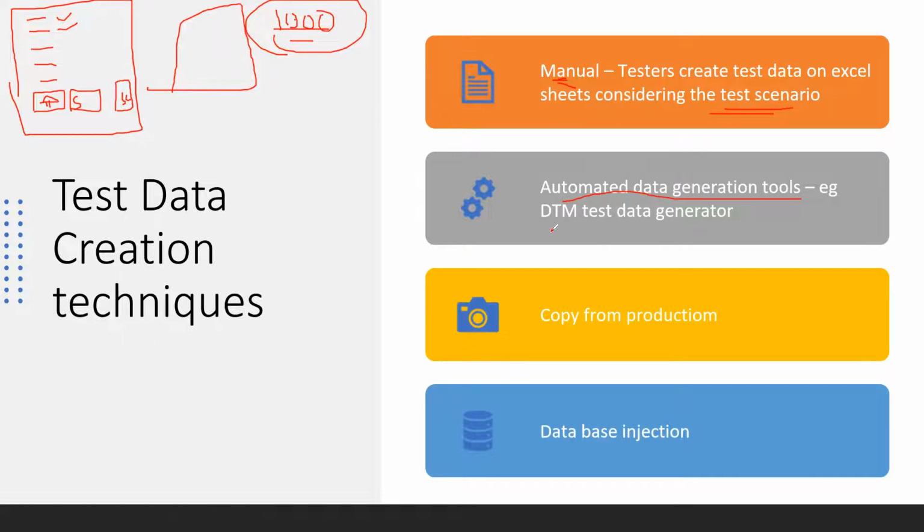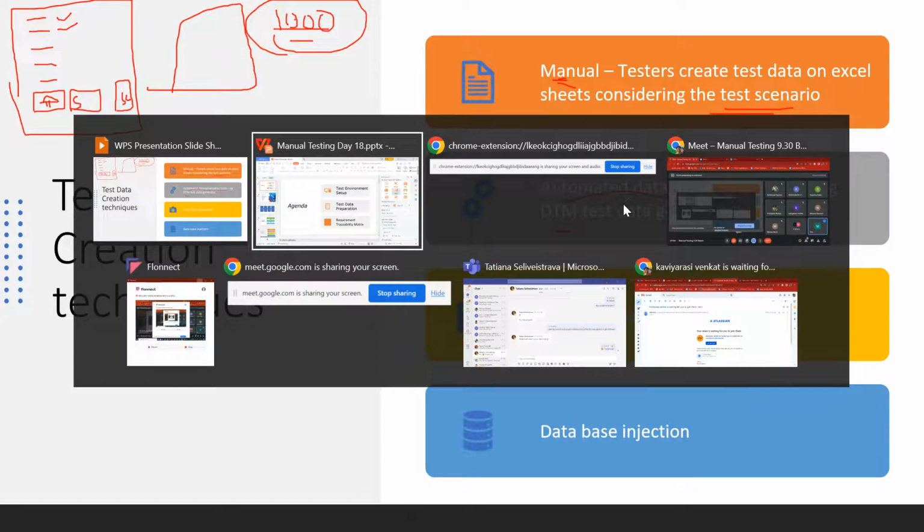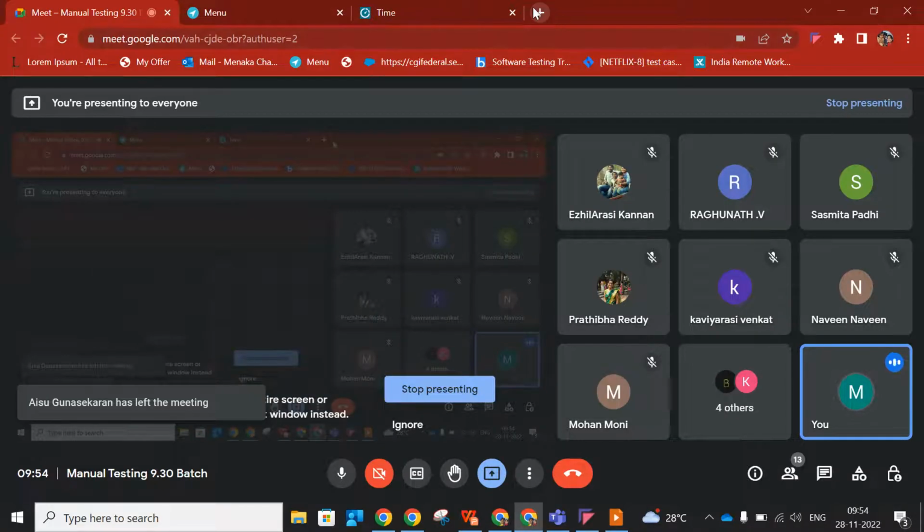We have something called DTM, test data generator, and more. If you search for a data generation tool online, you'll find multiple options, and in those we can create our test data. Wait, I'll try to search and see if we are able to find one.